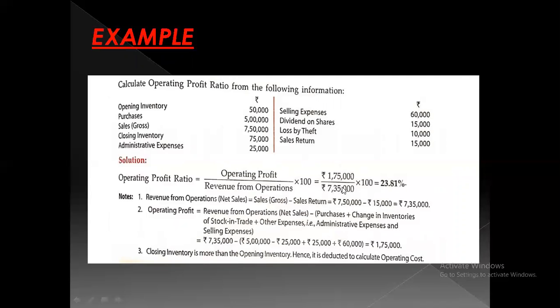So operating profit 1,75,000 divided by 7,35,000 into 100. It will become 23.81. Here we'll take administrative expense and selling expense because these are the operating expenses. Dividend on share is non-operating. This we will not take.